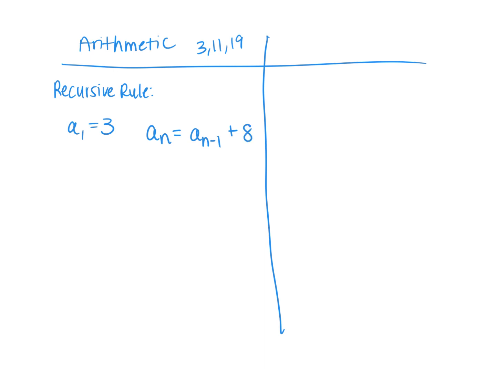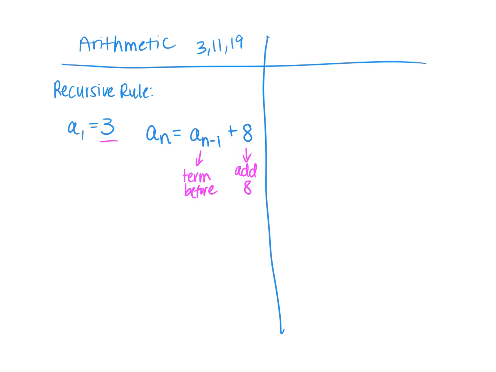So this would be my recursive rule. Now, if you want to make a couple little notes here, this is just whatever the term before equals, or the previous term, and then you're adding 8 to it. And then you always know the first term.